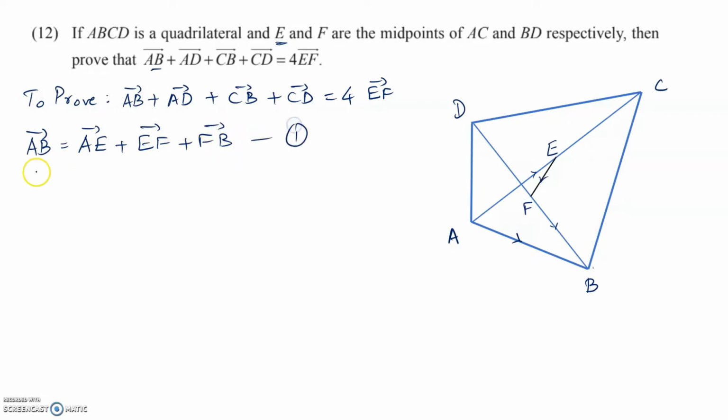So let this be number 1. Similarly, we can write our AD vector as AE vector plus EF vector plus FD vector.